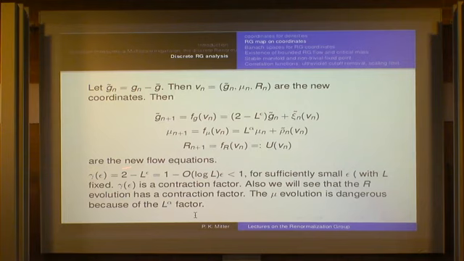Now gamma of epsilon is 2 minus L to the power of 1 minus order of log L epsilon, which is less than 1 for sufficiently small epsilon, with L fixed.